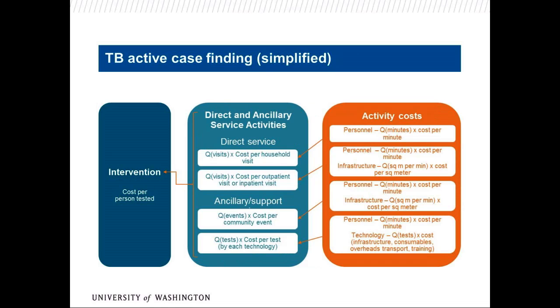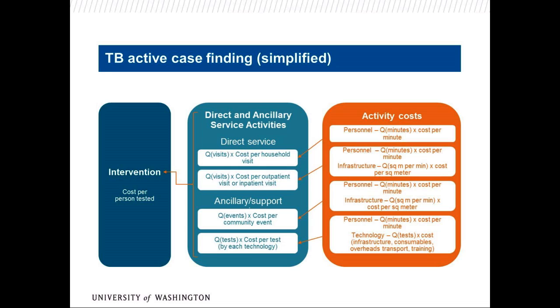Here is an example of that for TB active case finding, where the direct service is the quantity of visits and the cost per household visit. You have to estimate that cost per household visit, which is going to be personnel as well as personnel time in this case. There's also a cost per outpatient visit, and that requires personnel and infrastructure.